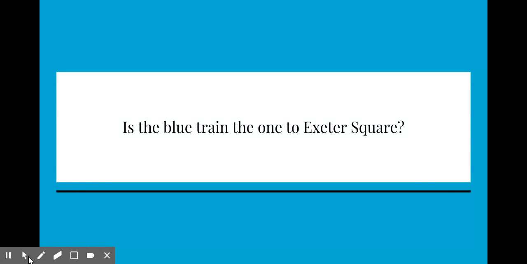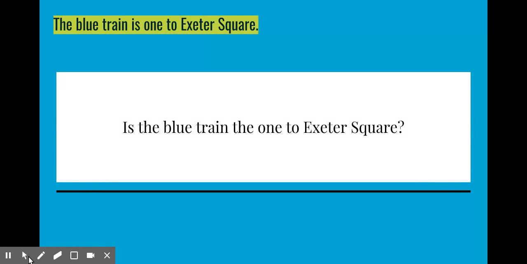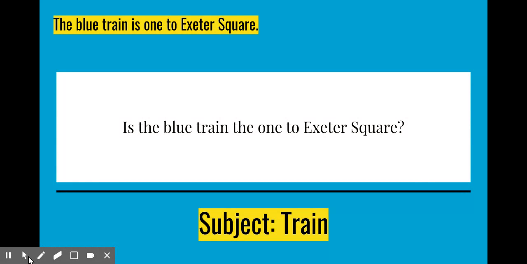What about this one? Is the blue train the one to Exeter Square? Go ahead and pause, write that down. See if you can figure out what the subject is. Okay, well, when I invert this sentence, it becomes the blue train is the one to Exeter Square. So our subject is train.